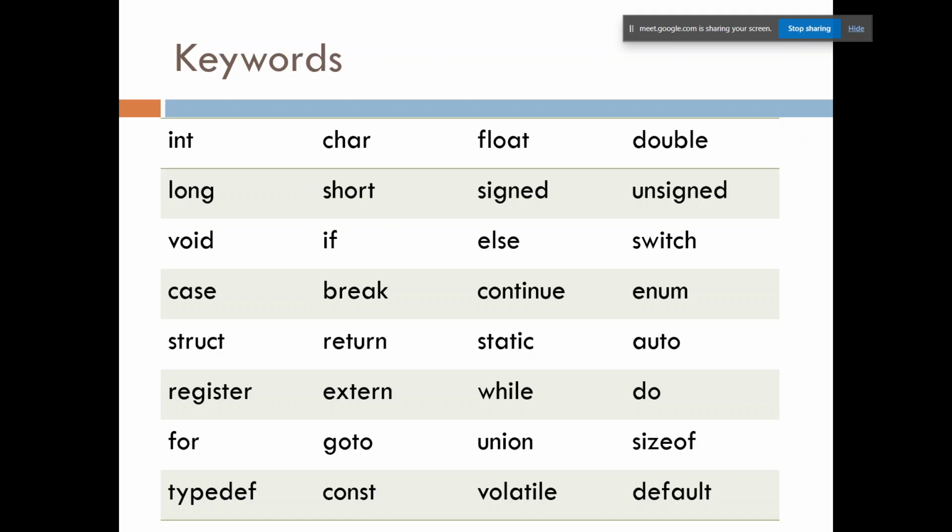Those are called keywords. Like if you go to a dictionary, there are so many words, right? Every word in the dictionary has some meaning and purpose, like how to use that word.